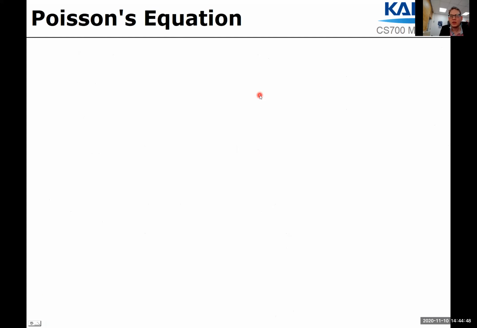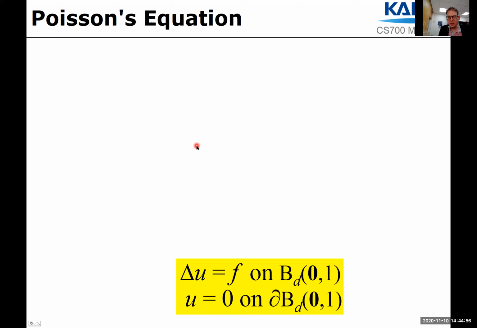Okay, so Poisson's equation. What's up with Poisson's equation? Poisson's equation is this linear second order partial differential equation here with given right-hand side and considered on the Euclidean unit disk. So here you see, for example, the two-dimensional Euclidean unit disk.